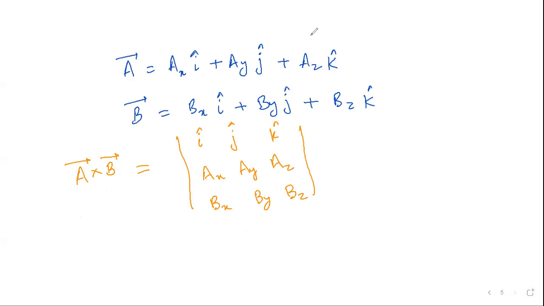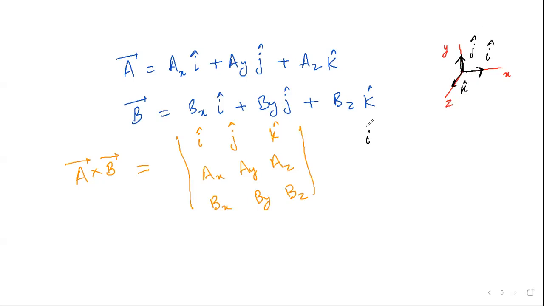Next thing, we talk about unit vectors. Remember, we already said that we have three spatial unit vectors. i cap is a unit vector along positive x, j cap is unit vector along positive y, and k cap is unit vector along positive z.